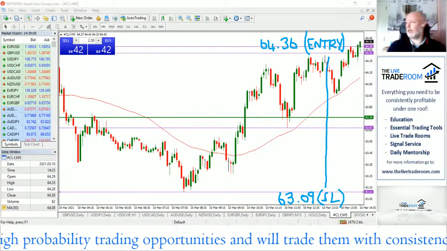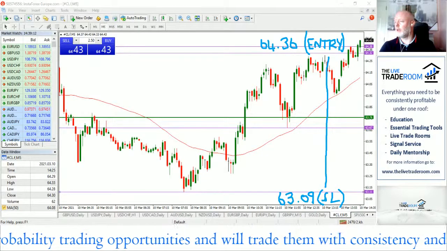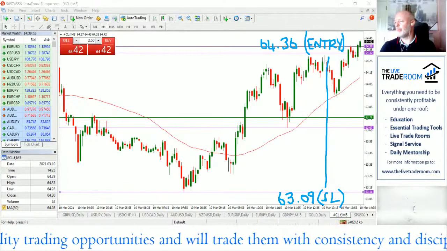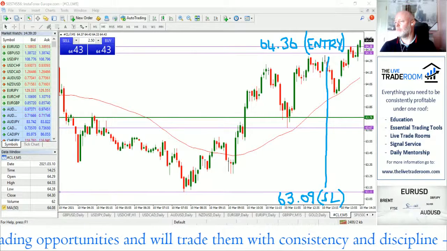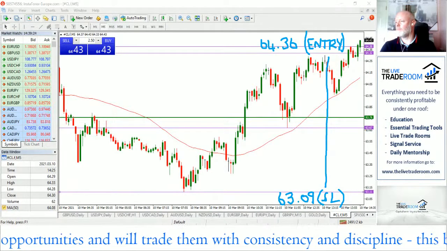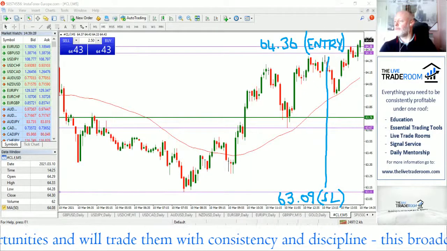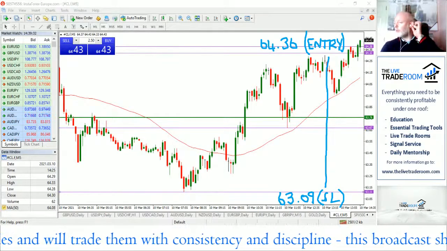Okay, and this market closes now in just a few seconds. We get a little pullback on the close.